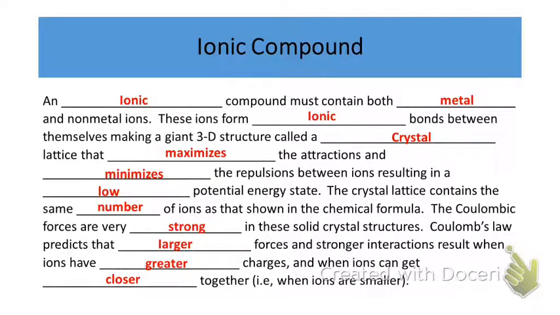So what we're saying here is that both the metal ions and the nonmetal ions are going to form these ionic bonds. And these ionic bonds are going to create an ionic compound, which is essentially a crystal. Or in other words, we could say an ionic compound is a crystal that results in many different metal and nonmetal ions, all attracted to each other through ionic bonds.